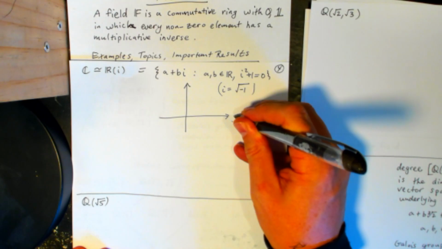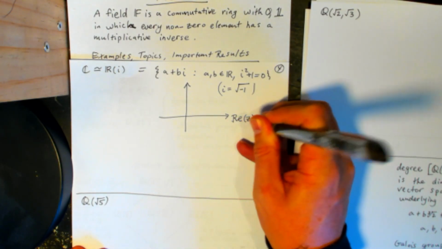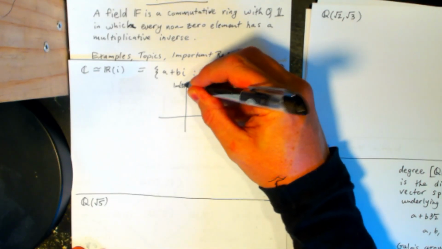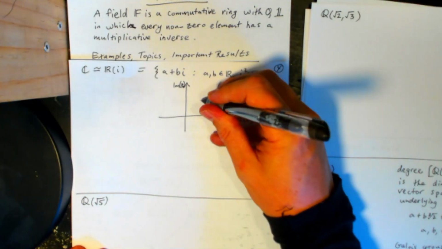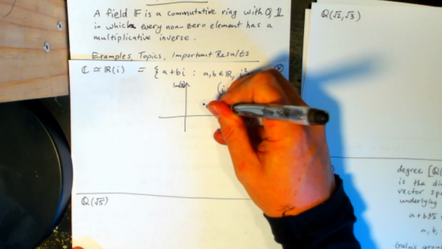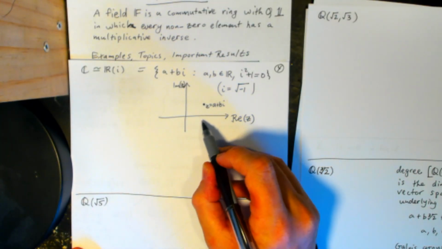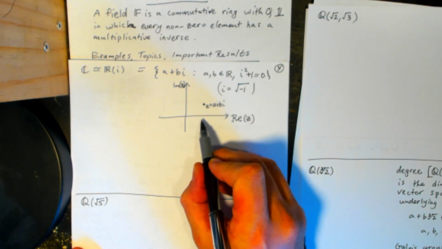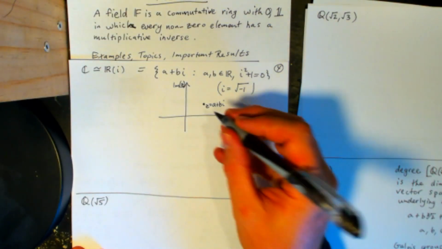So this would be the real part of the complex number Z, and this up here would be the imaginary part, which would be the part next to the i. Okay, so for example, if we put Z equals A plus Bi, then this would refer to the real part having value A, and the imaginary part having value B. And so we can think of this as the point.